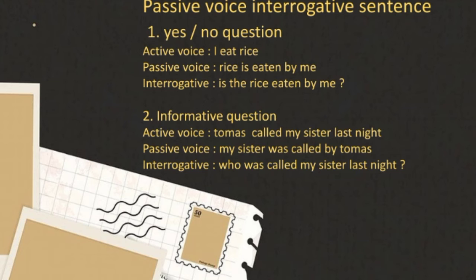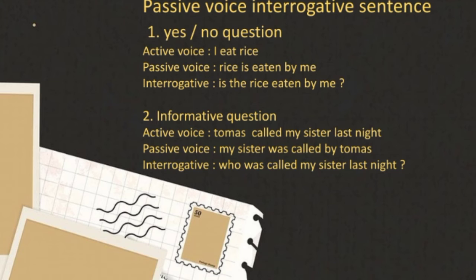And what if we use an informative question? Informative questions are like what, who, when, where, and so on. I will let you understand using my example, because an example is easier to understand than explaining too much.